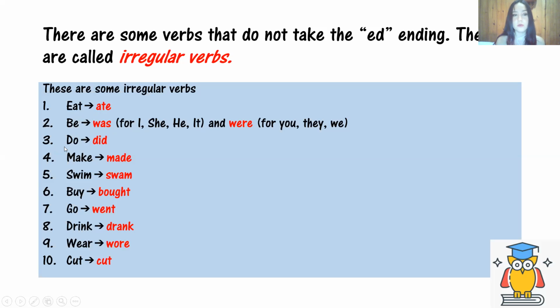Then we have do, did, make, made, swim, swam, buy, bought, go, went, drink, drank, wear, wore, cut, cut. And these are only some of the irregular verbs that exist in English.